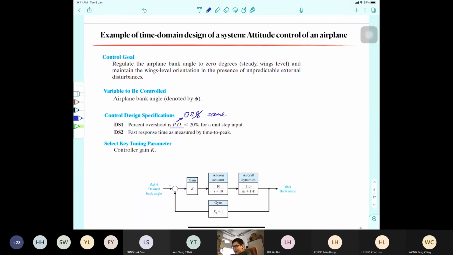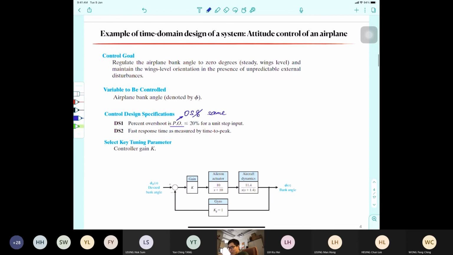The second design specification is fast response time as measured by time to peak. Therefore, this specification gives two aspects, right? Normally, how about the time domain response?